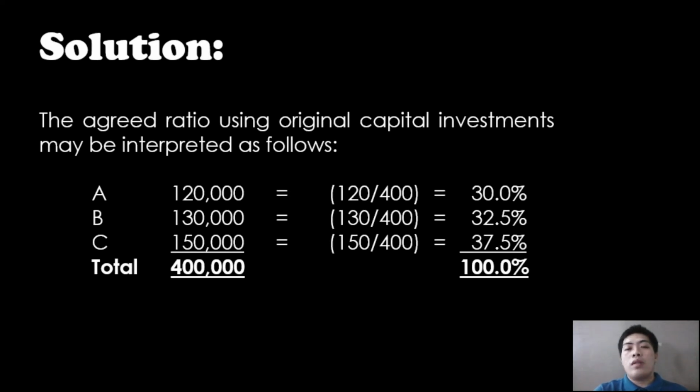Okay. 130 over 400 or 13 over 40. We can have also 150 over 400 or 15 over 40. So, interpretation yan as to percentage, 30%, 32.5%, and 37.5% respectively kay A, B, and C. Yung total niyan dapat 100%.